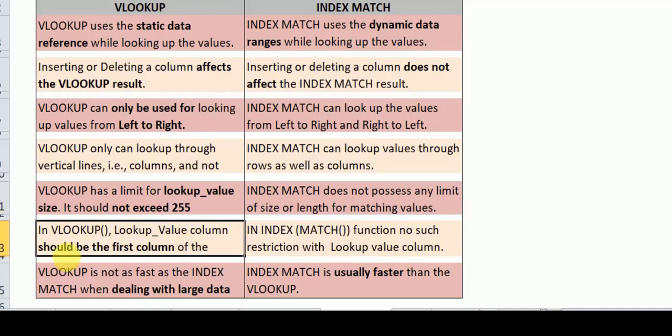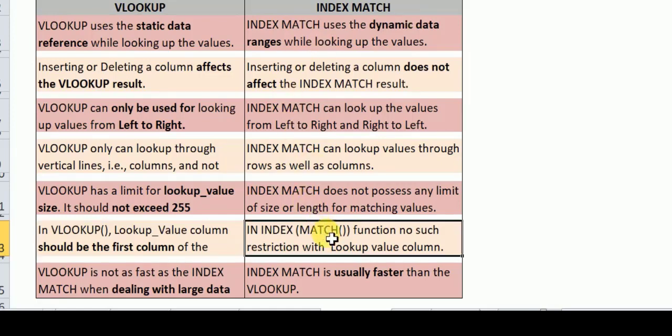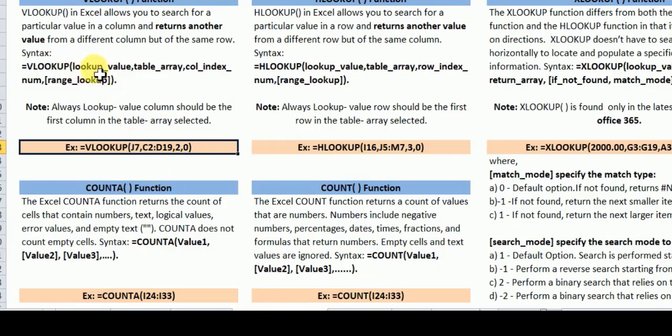The next difference is that in VLOOKUP, the lookup value column should be the first column of the table array. This is very important to remember. Whereas there are no such restrictions with INDEX MATCH. If we come back to the formula again, our lookup value should always be the first column of the table array.